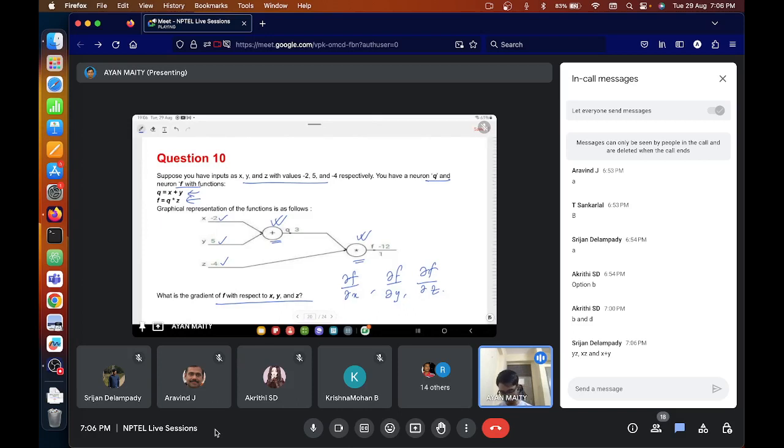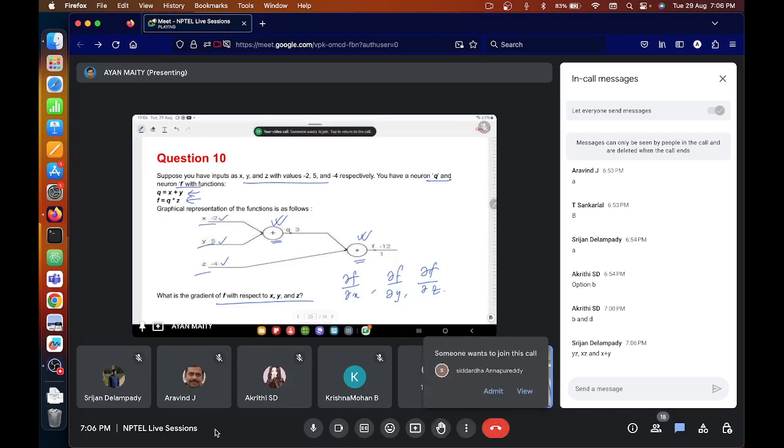So the values are given for x, y and z, so you can actually find out the values of these expressions.